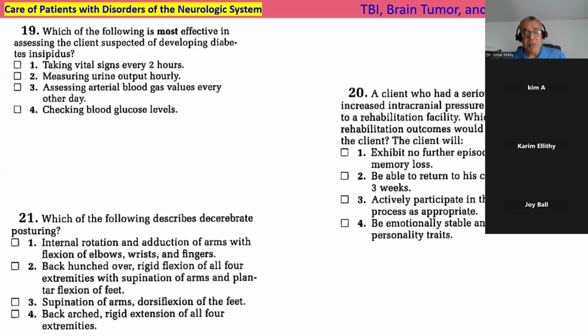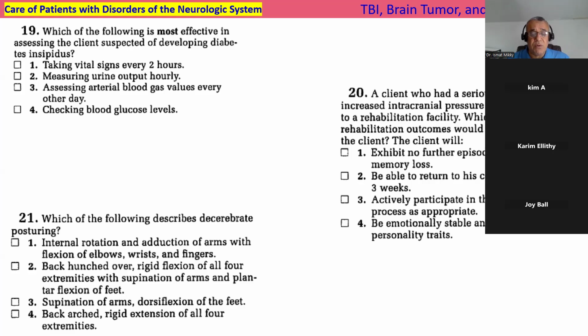So the client should be expected to participate in the rehab tasks and efforts to the extent that the patient is capable of doing, to the utmost capacity of the patient. So number 3 is the correct answer, to actively participate in the rehab process as appropriate.